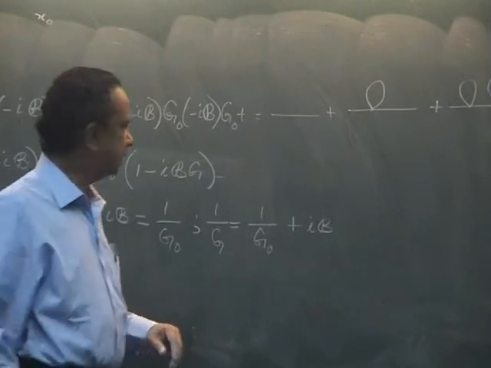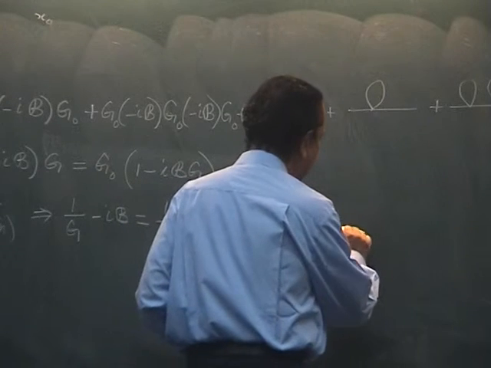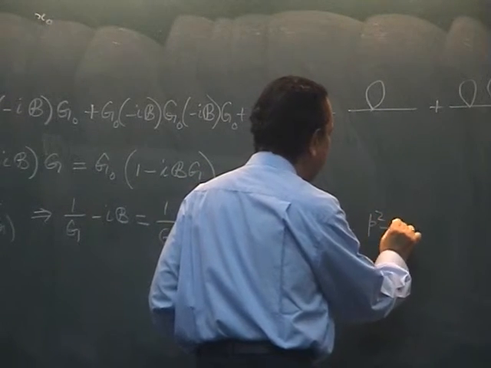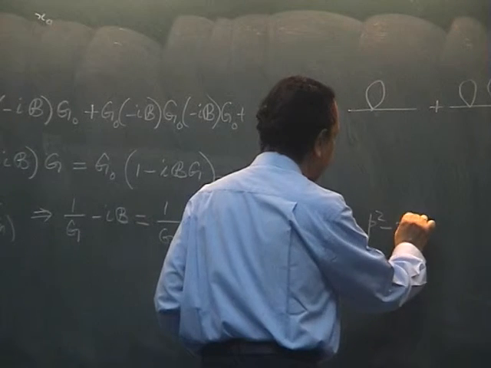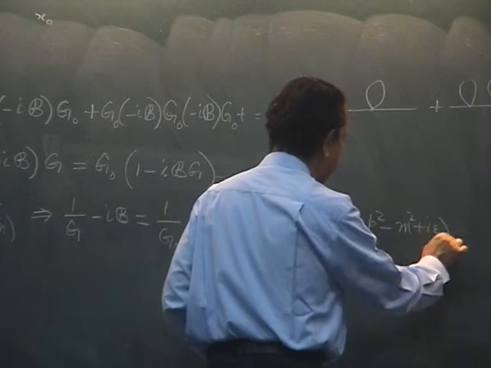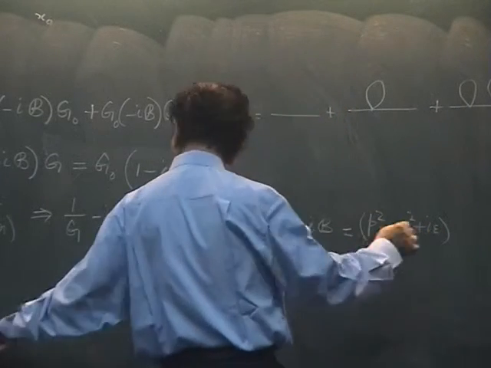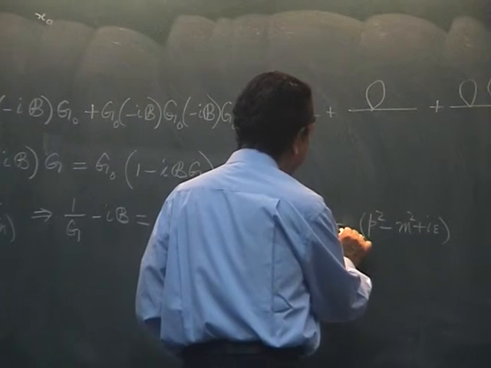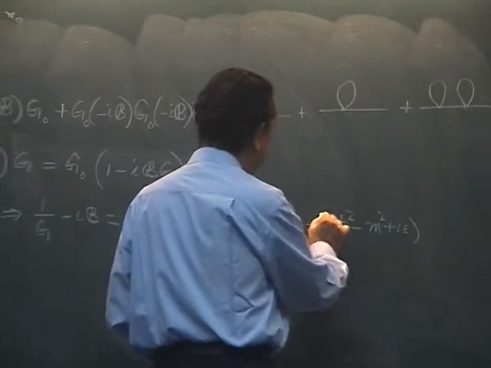What is 1 upon G naught? It is 1 by i (p squared minus m squared plus i epsilon), divided by i, so it becomes minus i times this quantity.